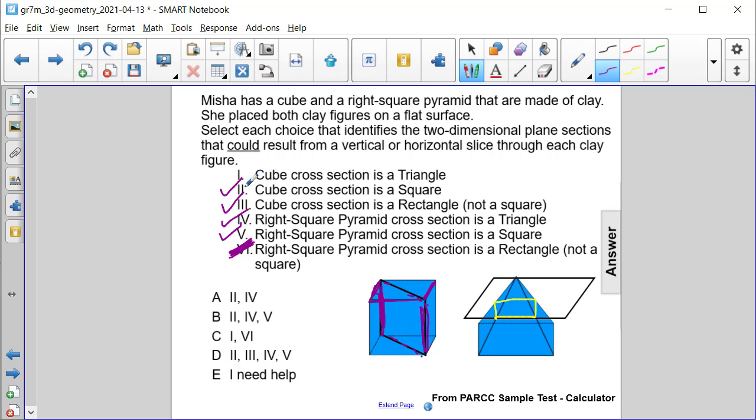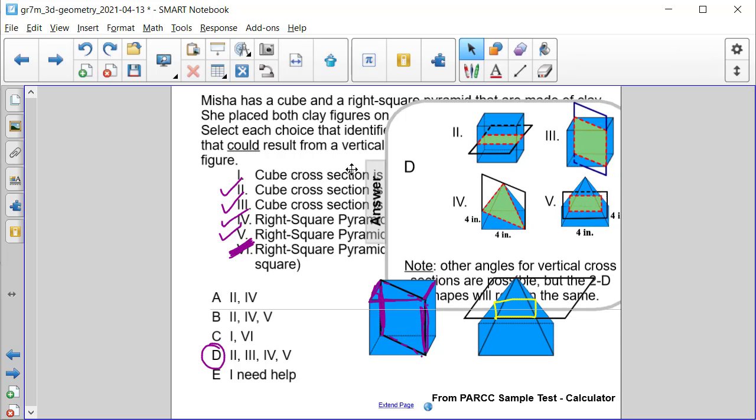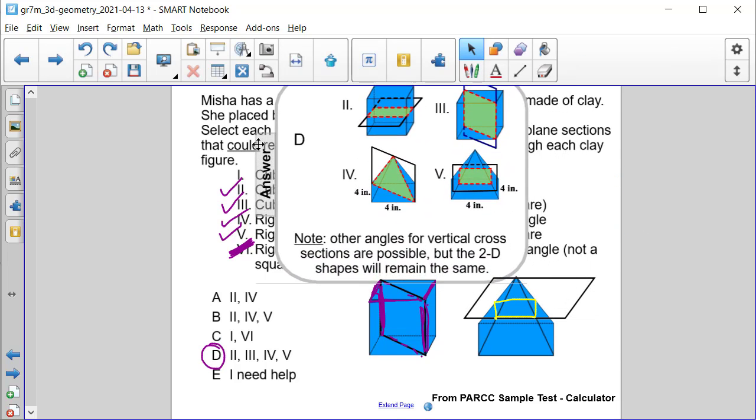So options 2, 3, 4, and 5 are all possible here. It's not possible to have a cube cross section that's a triangle when it is horizontal and vertical only within those cross sections. So the answer here is D. And if we actually look at these diagrams, they are drawn better than what we were doing before.